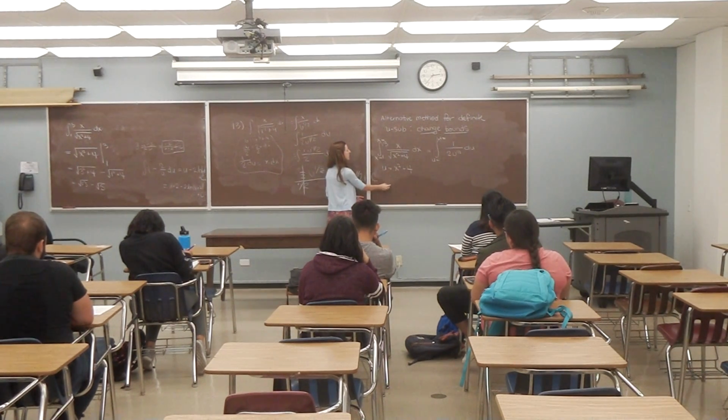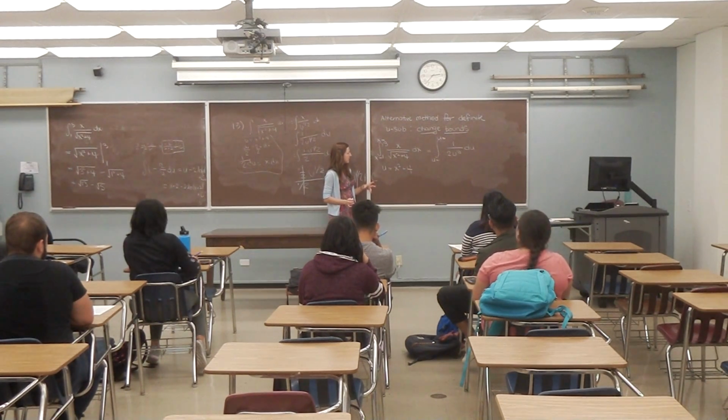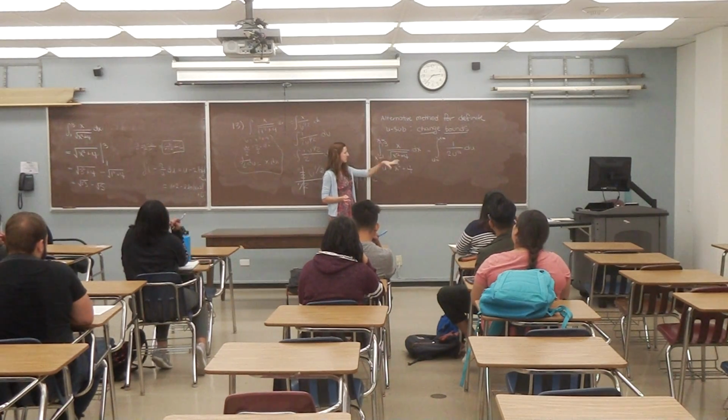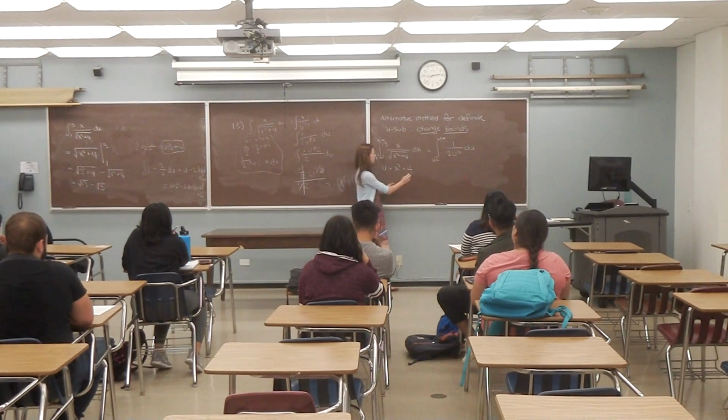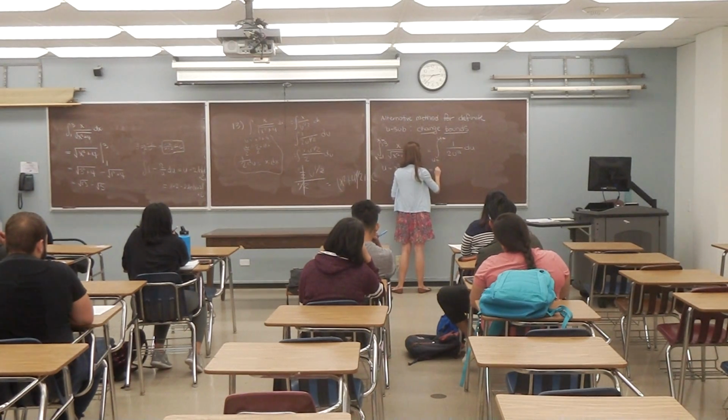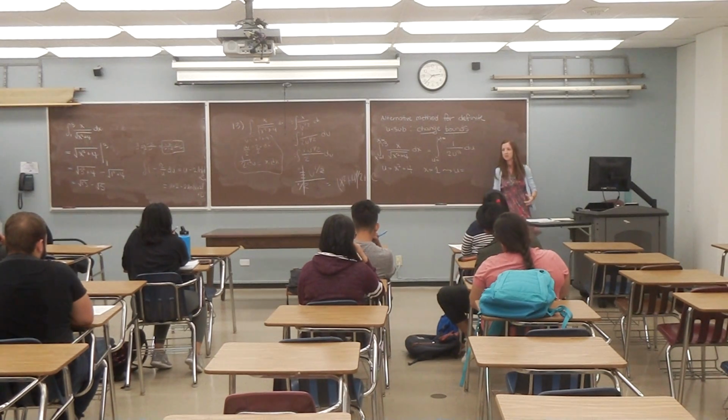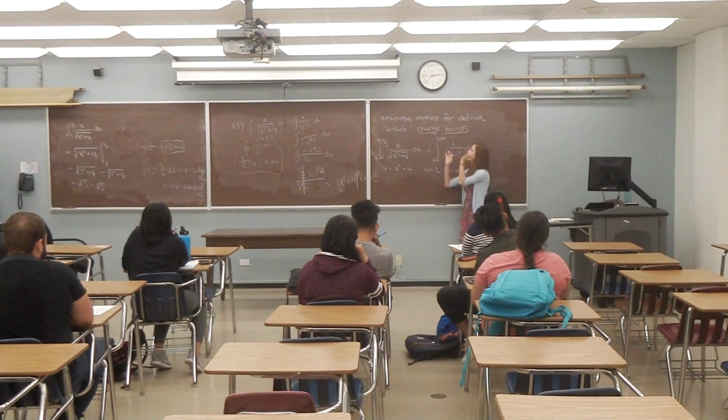So cool, this was all the u sub stuff. If u equals x squared plus 4, and I need to change my bounds to be in terms of u, how can I do that? When x equals 1, what is that really telling me u is? In other words, how do I take x information and turn it into u information?